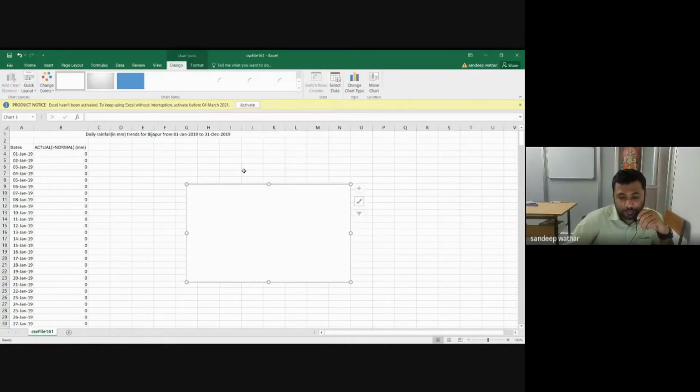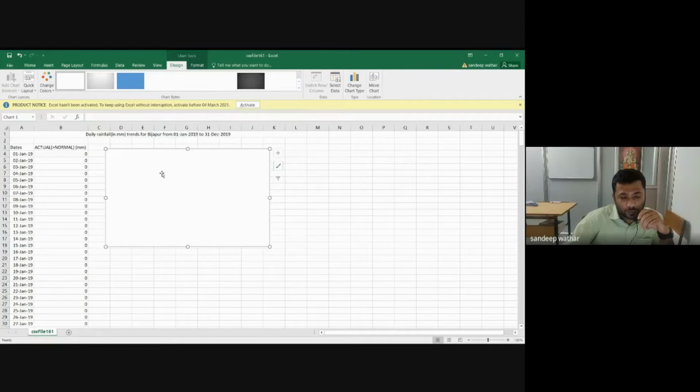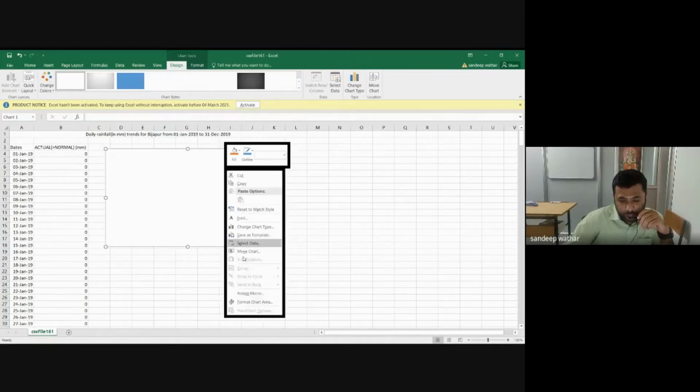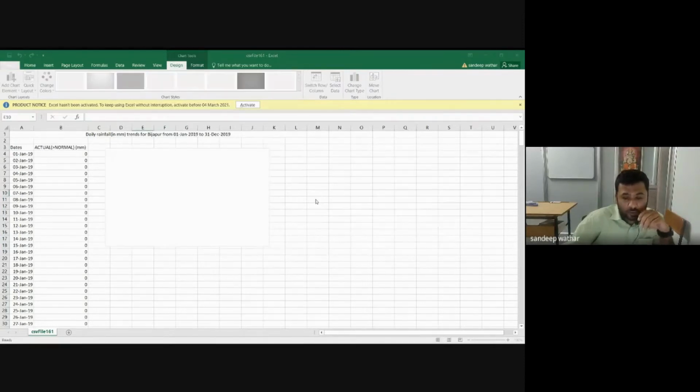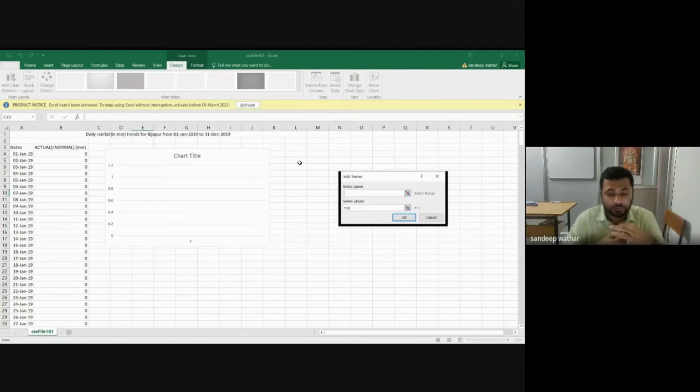Okay, so to this curve I'll add the data. So first of all, what we'll do is, okay, I need cumulative data on the y-axis.